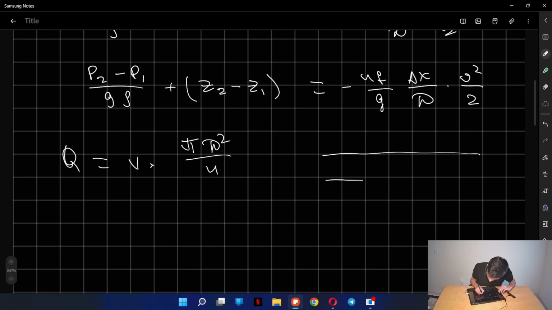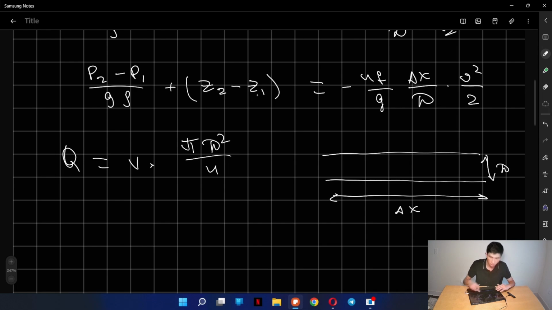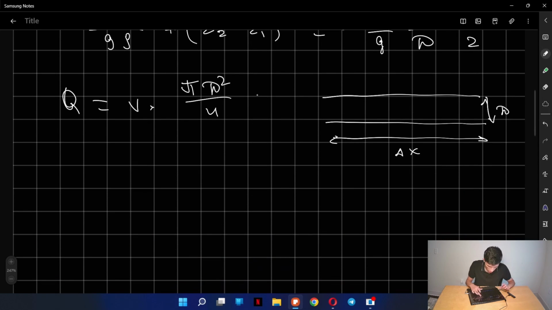Imagine we're given a pipe with a certain length, delta x, and a certain diameter. We also need to know the viscosity of the fluid and the roughness of our pipe, because we're going to need the roughness in our Churchill equation, and the viscosity to calculate our Reynolds number.